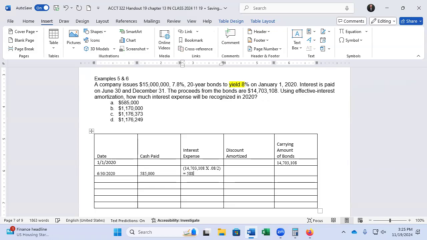So we multiply that by 0.08 divided by 2 because we want the 6 months. And we get 588,124. So now we take the 588,124 and subtract the 585,000 payment.